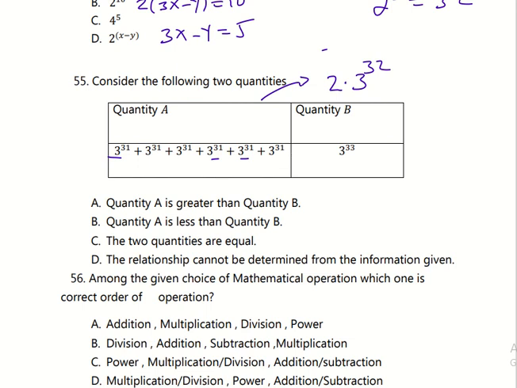The first number is 2 times 3 to the power of 32, and the second one is 3 times 3 to the power of 32. Which number is larger? Obviously the second one, because this one is 3 times, this one is 2 times. So quantity A is less than quantity B. Yes, that is the answer.